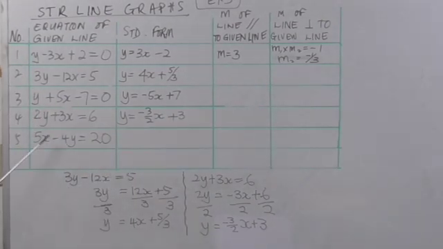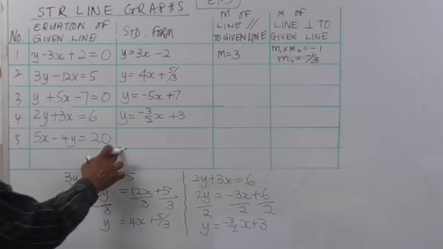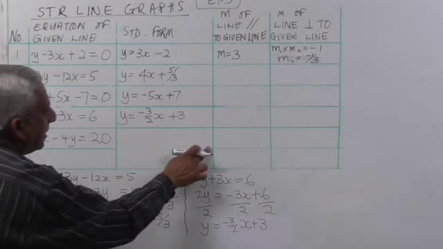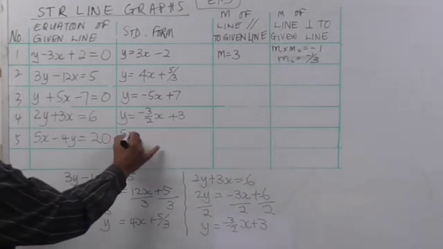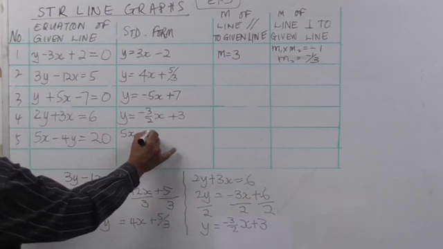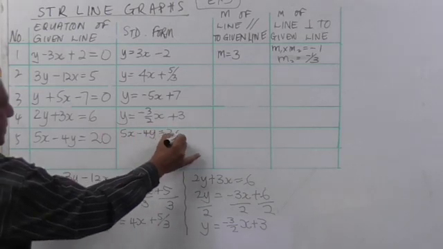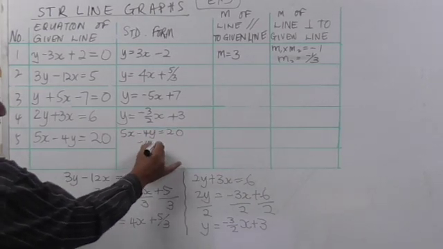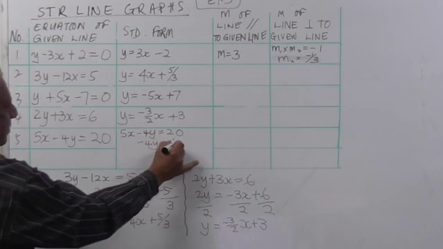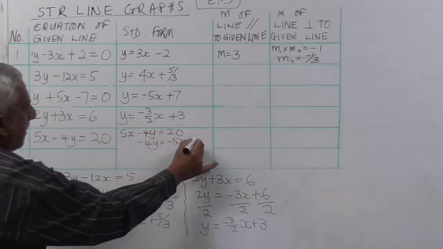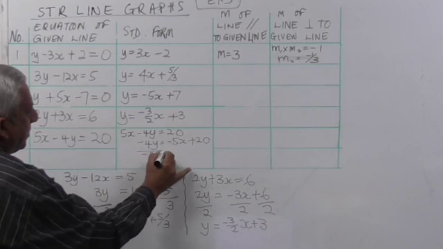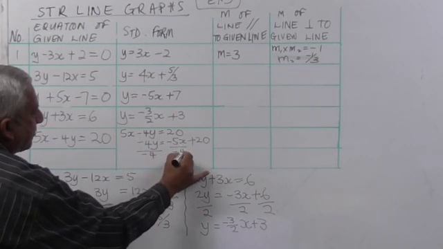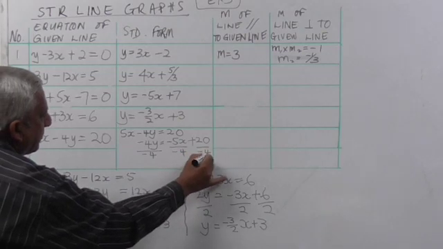Alright, and then the final one, number 4, I've got enough place here so I can work it out here. You've got 5x minus 4y is equal to 20. So you'll be left with minus 4y is equal to minus 5x plus 20. Then you'll divide by negative 4, divide by negative 4, divide by negative 4.